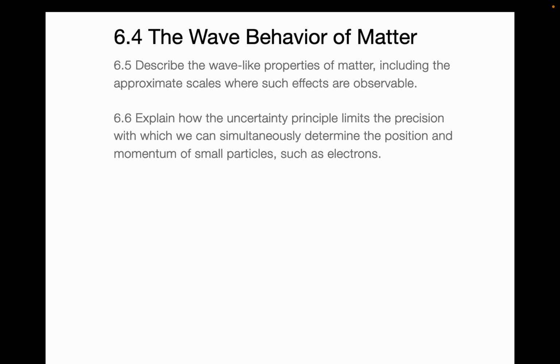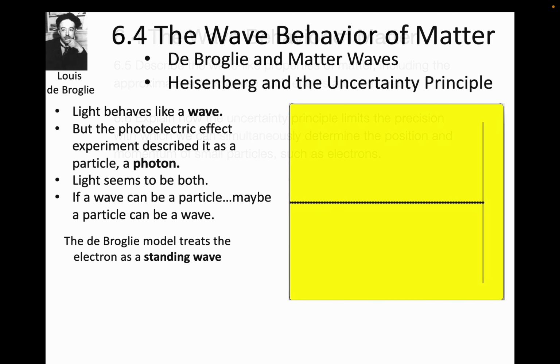That's discussed in section 6.4 when we're looking at the wave behavior of matter. So the scientist associated with this is the physicist Louis de Broglie. He was thinking, well, we've seen that light behaves like a wave, but the photoelectric effect described it as a particle.